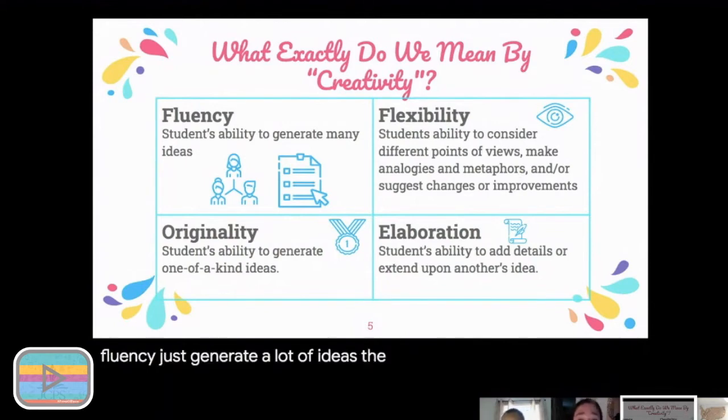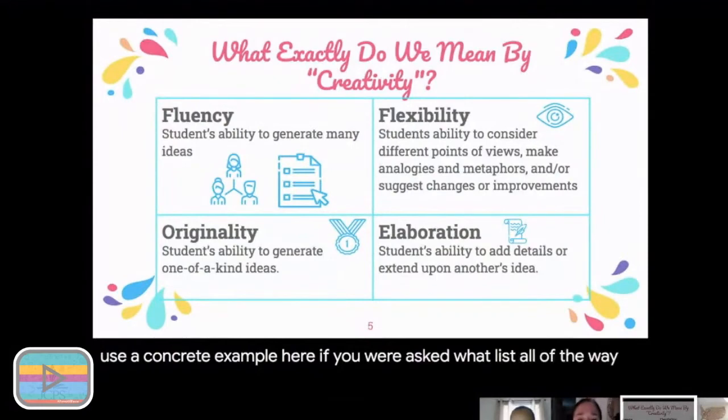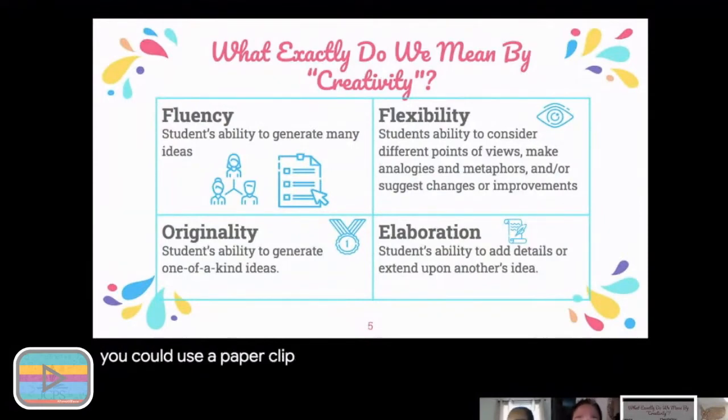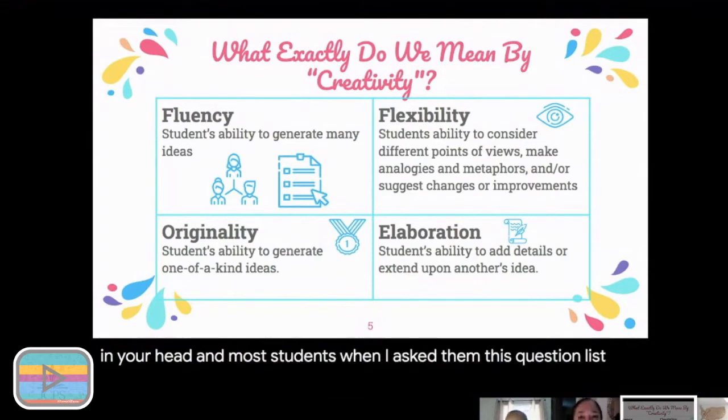The next one is flexibility, and that's the ability to come up with different types of ideas. I always like to use a concrete example here. If you were asked, what could you list all of the ways you could use a paperclip? Obviously, you could start brainstorming that in your head. Most students, when I ask them this question, list mostly tools.